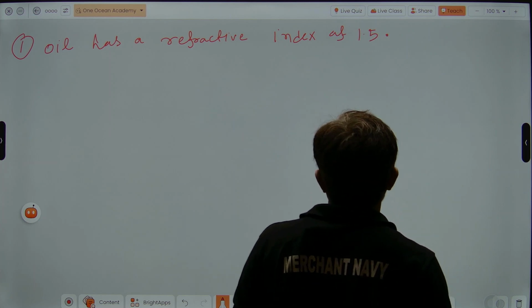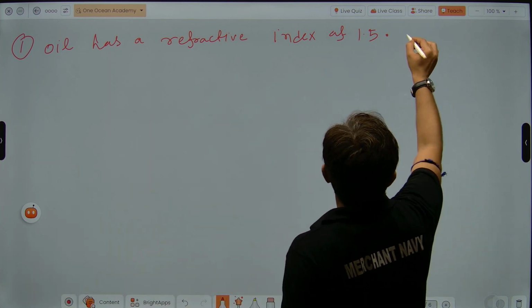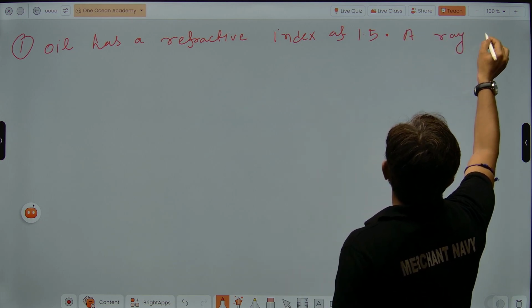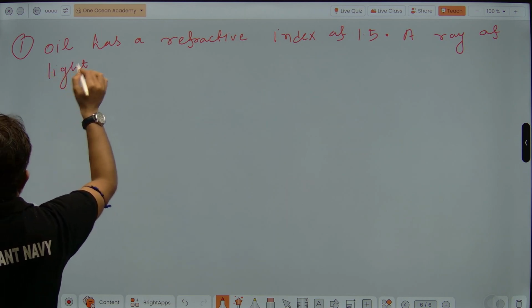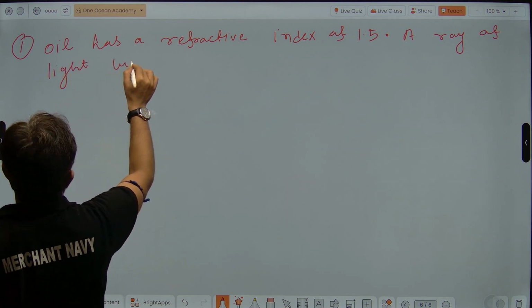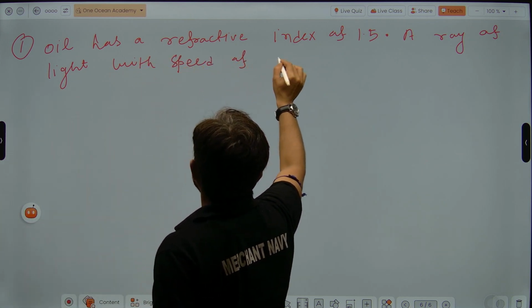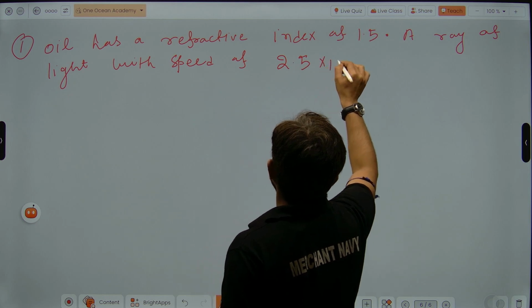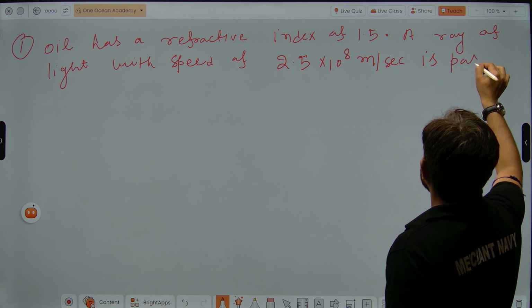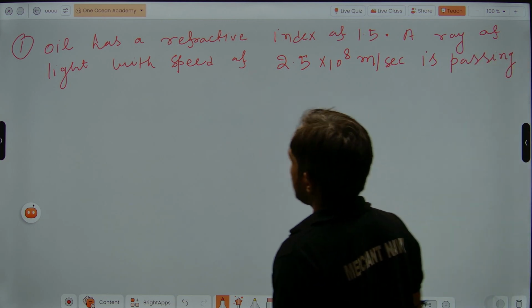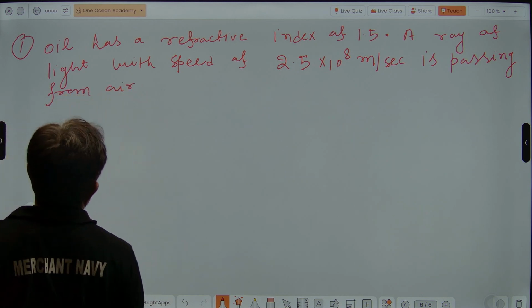A medium has a refractive index of 1.5. A ray of light with a speed of 2.5 into 10 to the power 8 meter per second is passing from air.